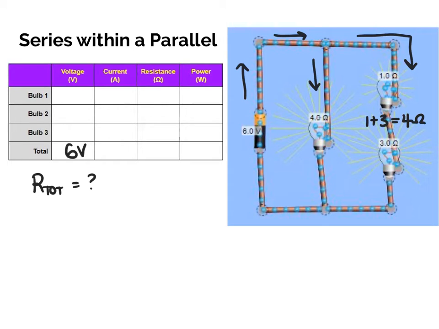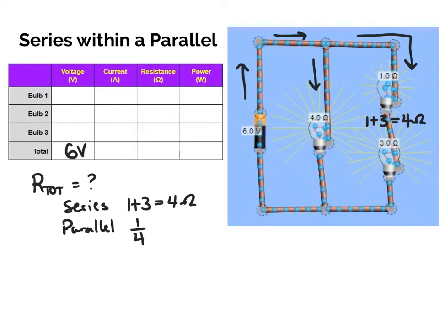But I still want to find my total resistance. So I know, first of all, the ones that are in series, that they add together. 1 plus 3 would give me 4 ohms. But now what I got to view is that I have a parallel branch. I have my 4 ohm resistance here, and these two which equate to 4 ohms. So I do have my parallel branch. So what I'm going to do is I'm going to take my 4 ohm light bulb in the first branch.